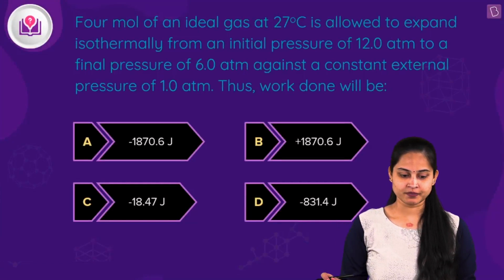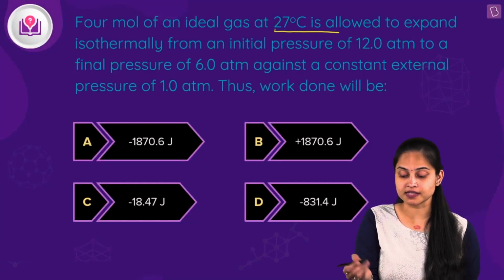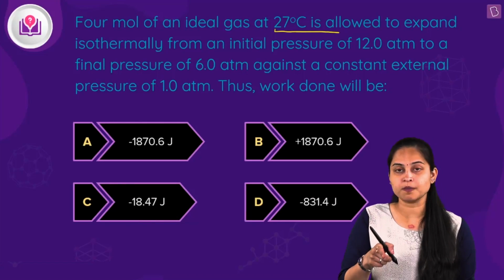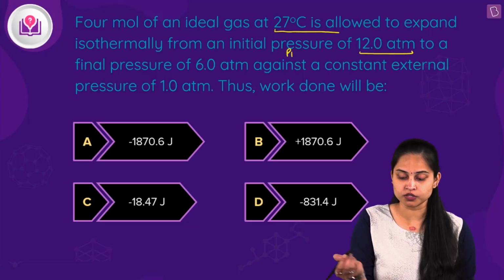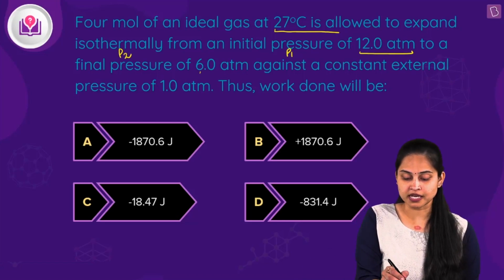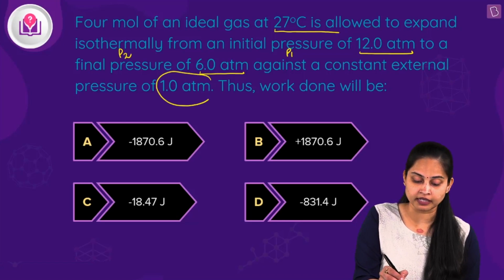The question here is: 4 moles of an ideal gas at 27 degrees Celsius is allowed to expand isothermally from an initial pressure of 12 atm, that means P1 is equal to 12 atm, to a final pressure P2 of 6 atm against a constant external pressure of 1 atm.